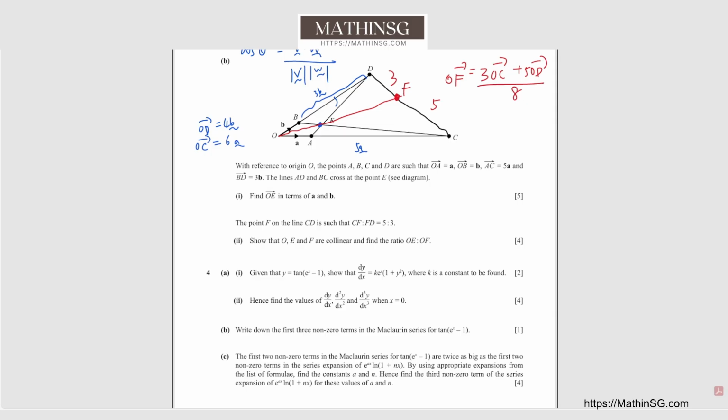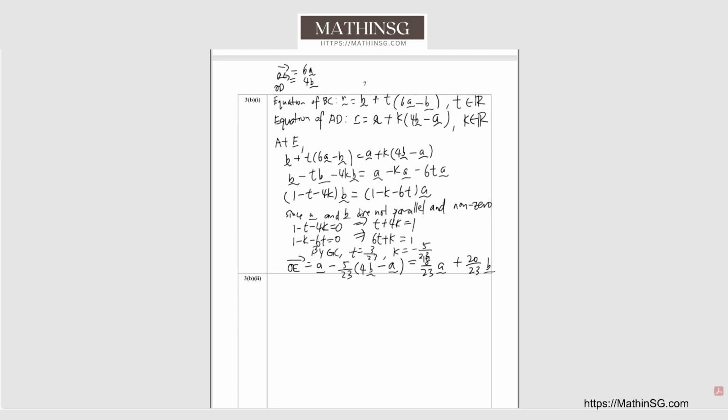So OF is equal to 3 OC plus 5 OD over 8, where OC is 6A, so 3 times 6 is 18A, plus OD is 4B, so 5 times 4 is 20B, over 8.